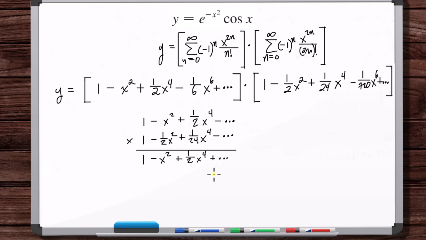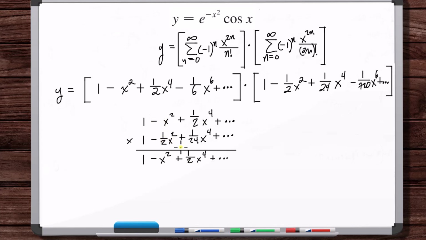I'll just put a plus here, because we don't know what terms are coming next. They're going to be negative, but this is more general. Okay, the next row, we're going to come to this term next and do minus 1/2 x squared times each of these terms.